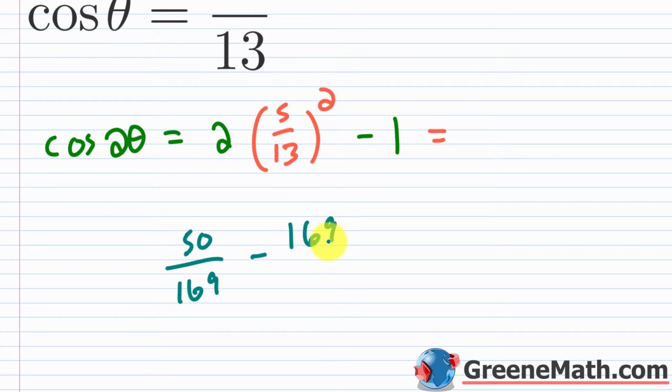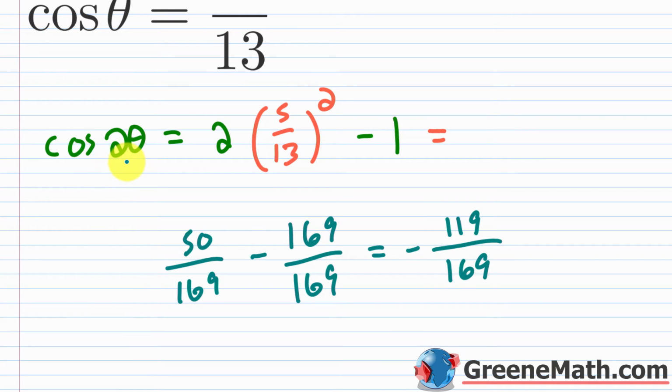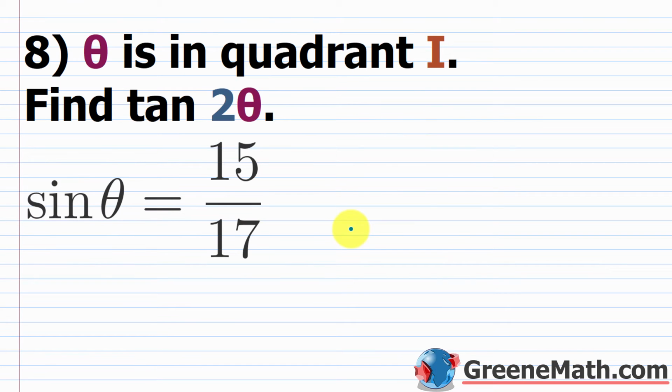I'll say this is 169 over 169, and this equals 50 minus 169. Let's do that on the calculator, and you're going to get negative 119. So let's say this is negative 119 over 169. Now this is not going to simplify any further, so this is going to be your answer for the cosine of 2 theta.